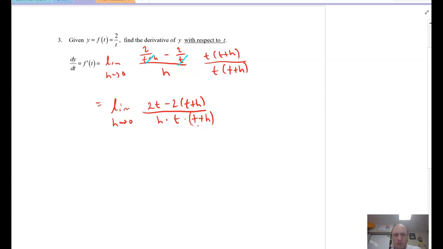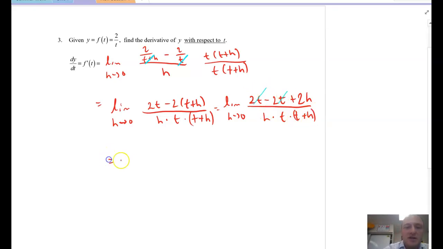So what we're going to do here, I'm going to multiply this out so we can see what cancels and what reduces. We have 2t minus 2t, hey, there you go, minus 2h all over h times t plus h. You should notice right away the 2t's cancel, and we get the limit as h goes to 0 of negative 2h over h times t plus h.